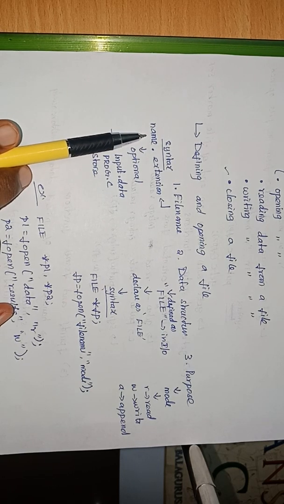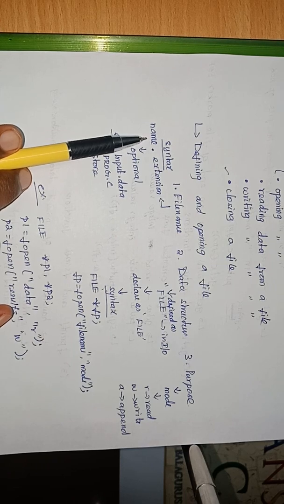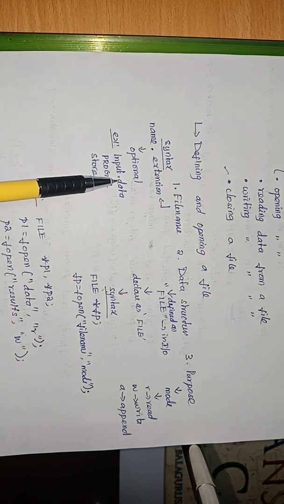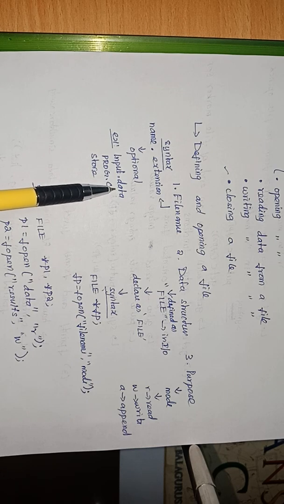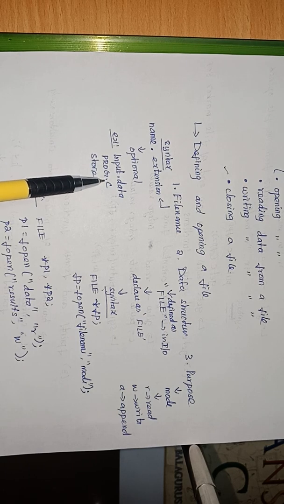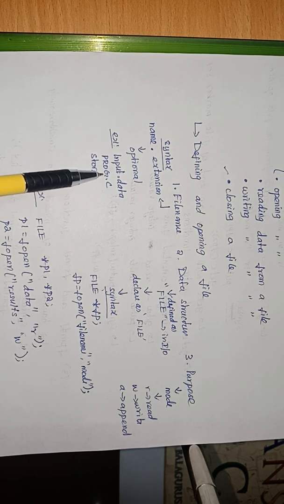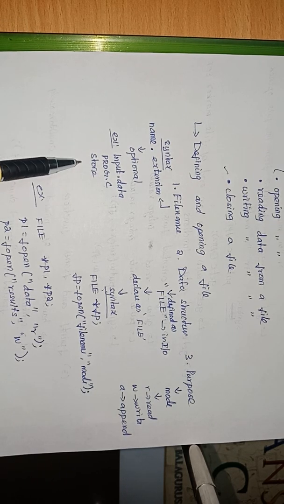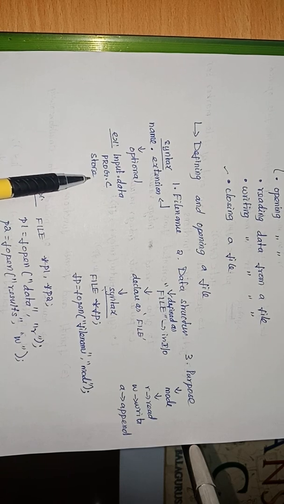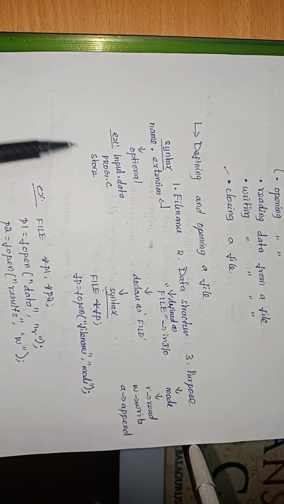The name is a valid identifier. For example, input.data. Input is the name, data is the extension. This extension gives us information about the file. This data indicates that this is a file which contains some data. prog.c indicates that prog is a program file in C language. It can also be simply the name of the file without any extension or dot. That is also acceptable.